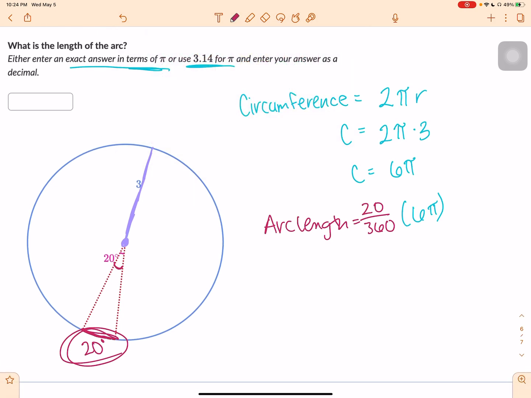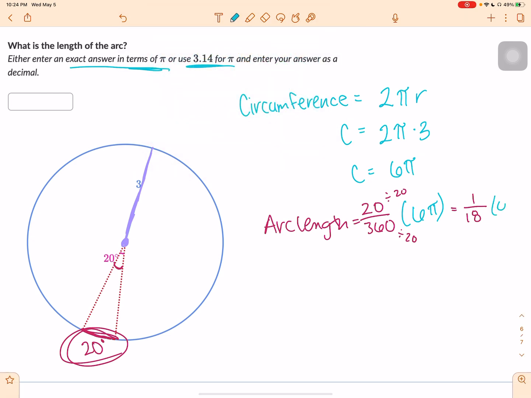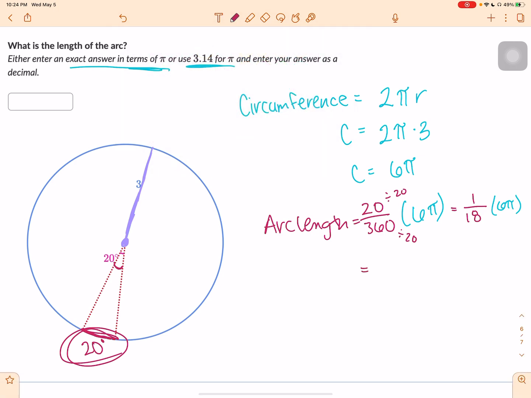I know I can divide the top and bottom by 20. That's going to be 1 over 18. So my new fraction is 1 over 18 times 6 pi. If you multiply that together, you're going to get that the arc length is 6 pi over 18, which you can reduce down to 1 pi over 3.